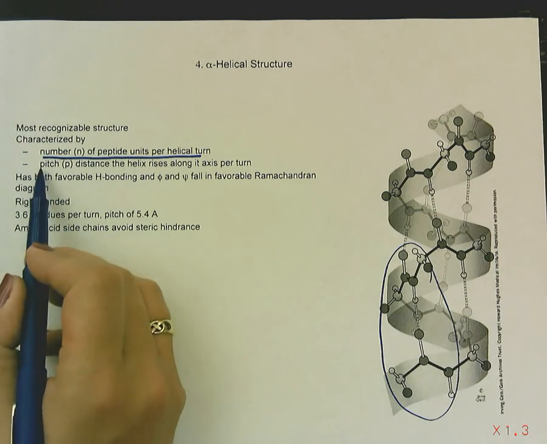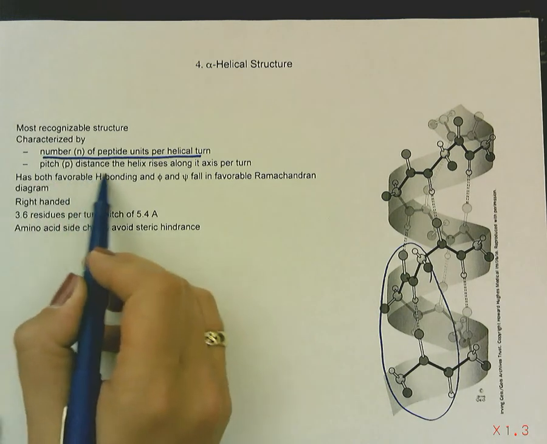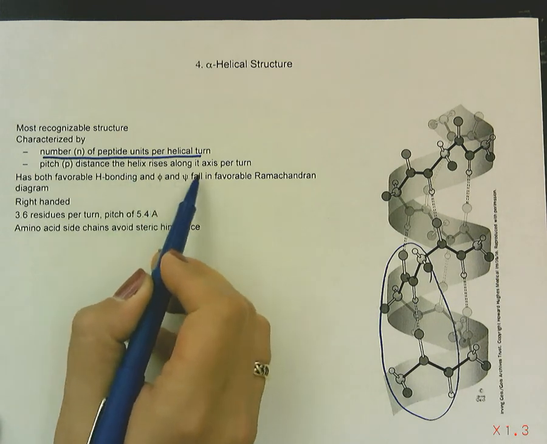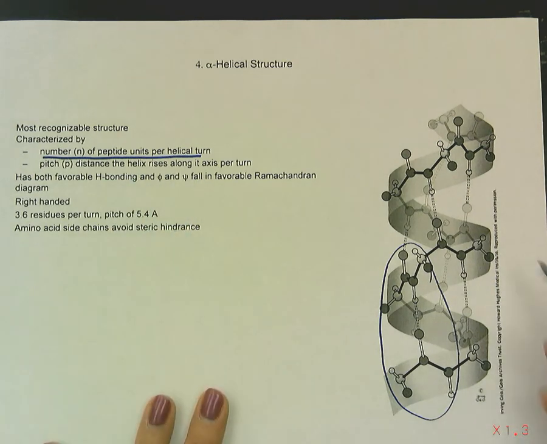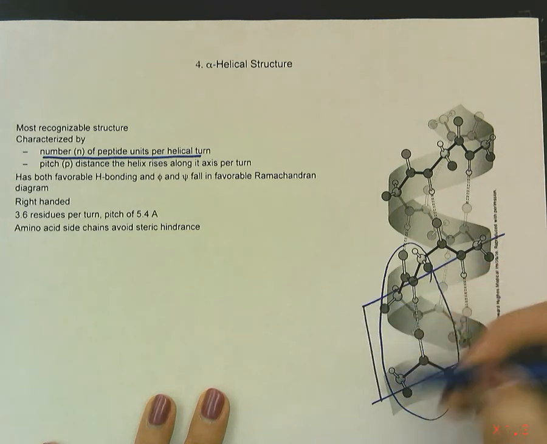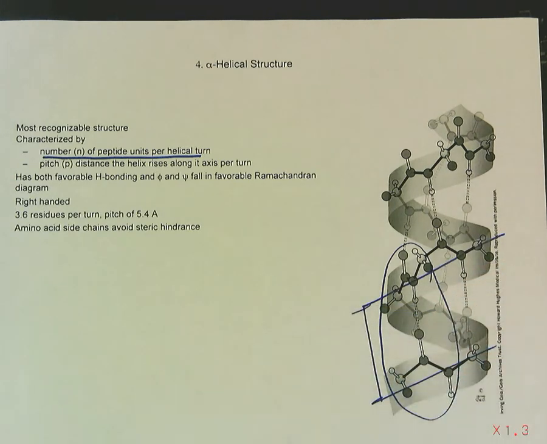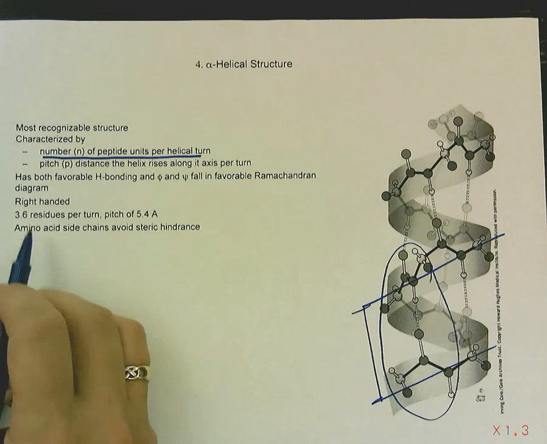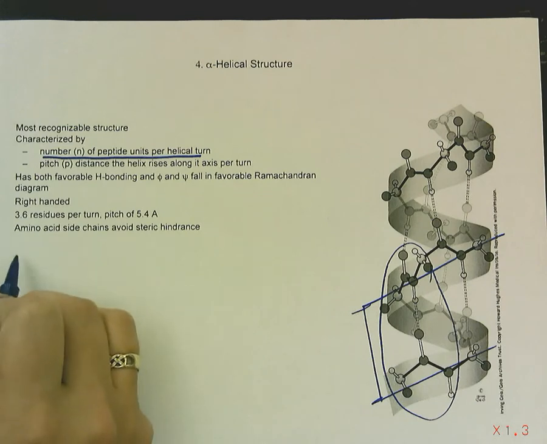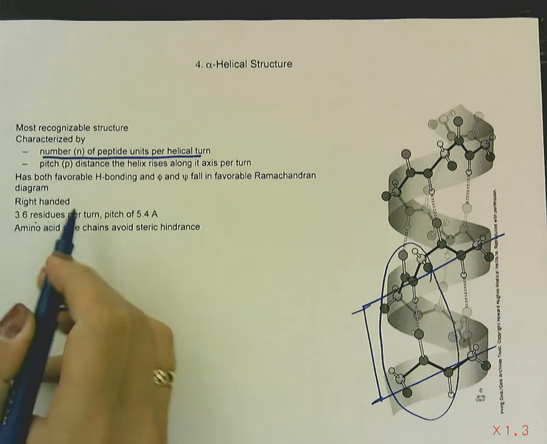And the second one is the pitch. The pitch is the distance the helix rises along its axis per turn. So that's this. This would be considered the pitch. So in this picture, I'm showing 3.6 residues per turn.